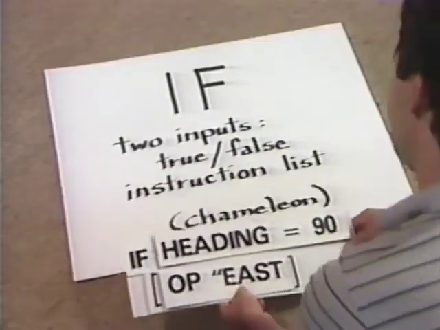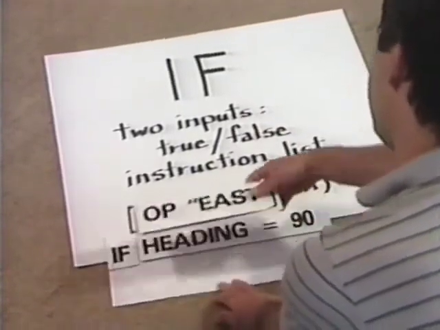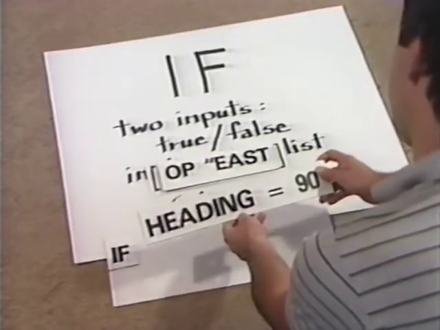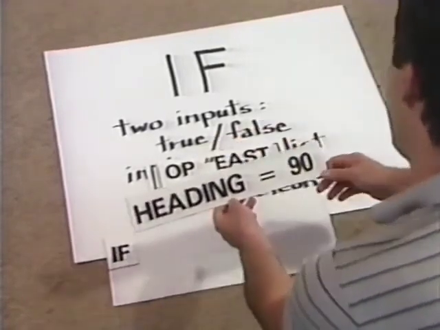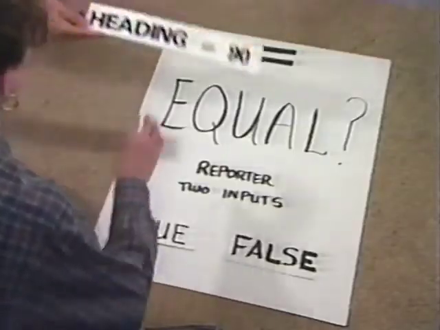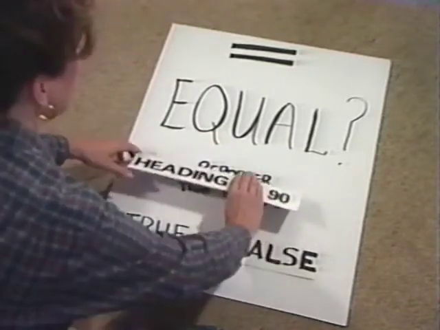I'm if, and I need two inputs. Well, this is my instruction list. And this one, which should be either true or false, I don't know about, so I'll give it to equals. Equals. I'm equals. I need two inputs. Here's one.